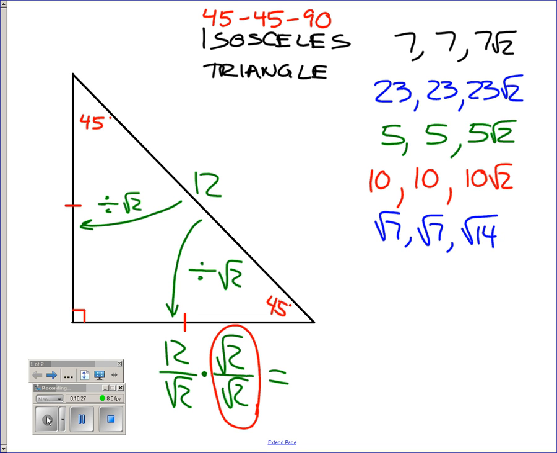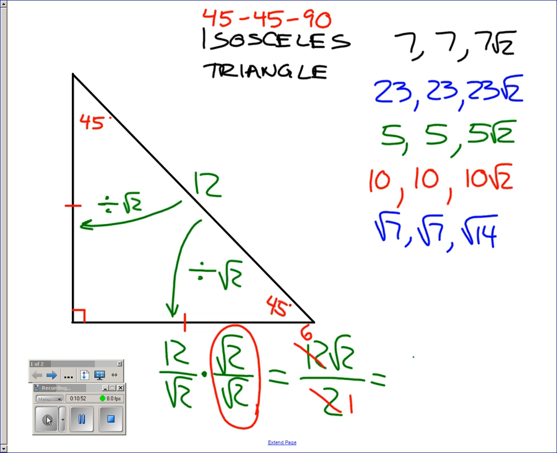In the numerator, multiplying across, we have 12 root 2, divided by root 2 times root 2, again, that's root 4, the square root of 4, which is a perfect square. So the 4 comes out as a 2. Then we can simplify the 12 with the 2. That's a 1. That's a 6.